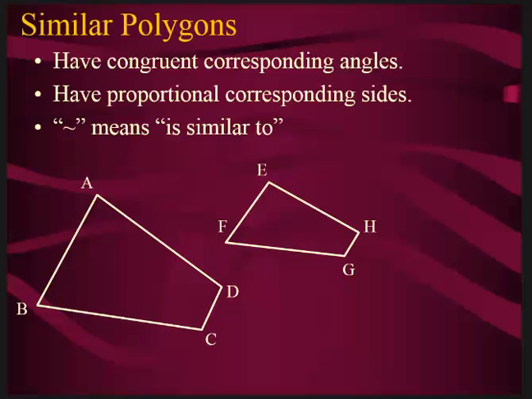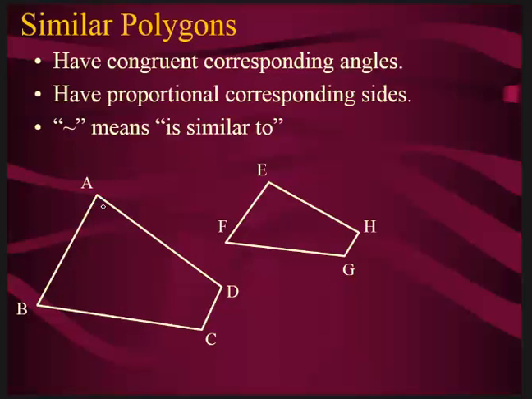Okay, so if I tell you that these two polygons are similar, write a similarity statement. Okay, again, I'm going to go in alphabetical order just because it's less confusing. So I'm going to say polygon or quadrilateral ABCD is similar to, remember our symbol here.